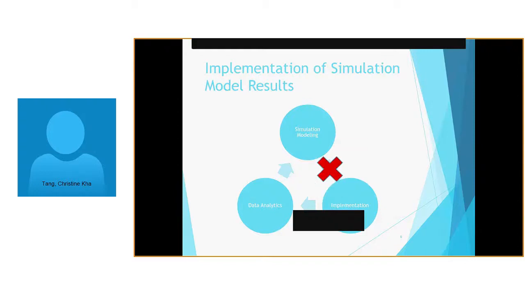However, I think there is a disconnect sometimes in which we do not go from simulation model results to implementation, and I just want to talk about your experience and my experience in this. My experience is pretty limited in this aspect because I've worked within the VA so far, and a model I have done.